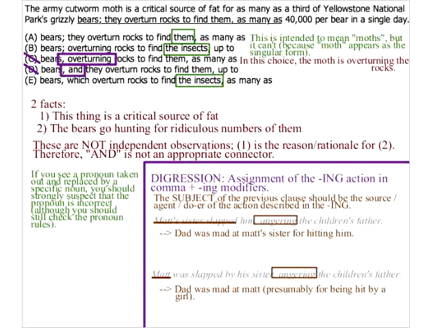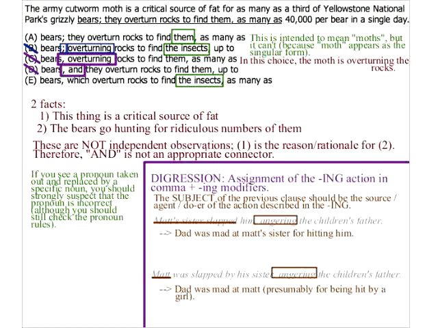B is not a sentence. In brief, a semicolon is like a period, and after a semicolon you would have to have another sentence. So this "overturning rocks" is a fragment.